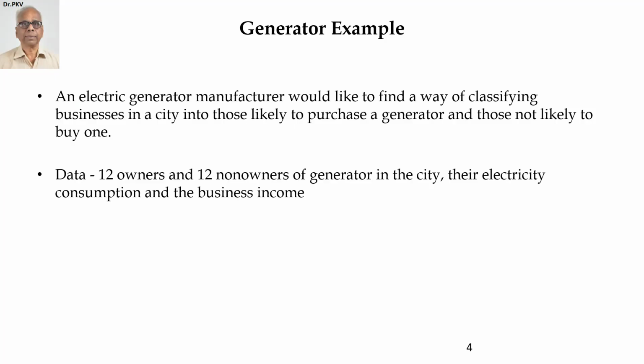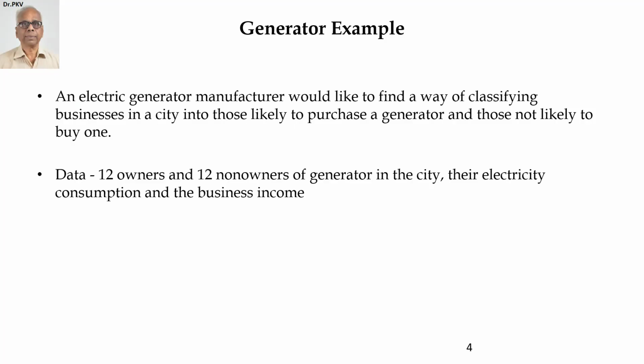So let's see now with an example, a generator example. An electric generator manufacturer would like to find a way of classifying businesses in a city into those likely to purchase a generator and those not likely to buy one. Data contains 12 owners and 12 non-owners of generator in the city.